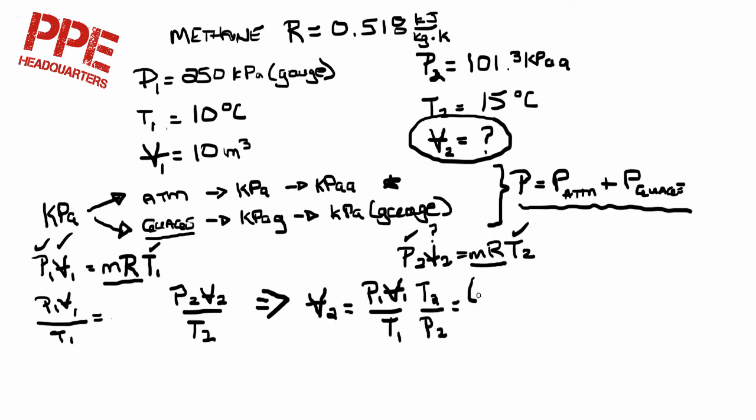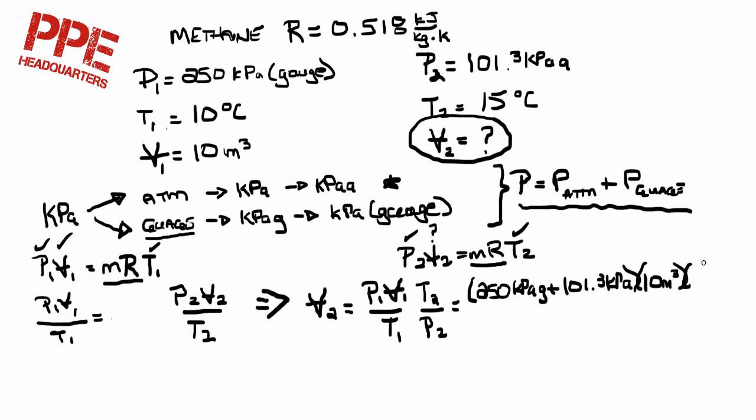So P1 is what? 250 kPa gauge. Okay, to convert that, we know we got to add 101.3 kPa times our volume. What's our volume? 10 cubes. I always put my units, otherwise I screw up. I'm going to run out of room here, so pay attention.